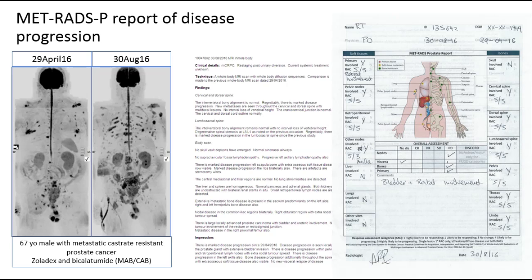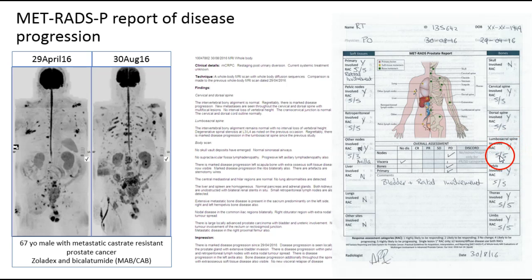So for example, you've seen this person before. Here's the patient that we saw previously who is progressing. Here is the standardized report, but here is the case report form for prostate cancer. So you can see for each region we say whether there is or there is not disease. So for example, in the lumbosacral spine, there is disease.